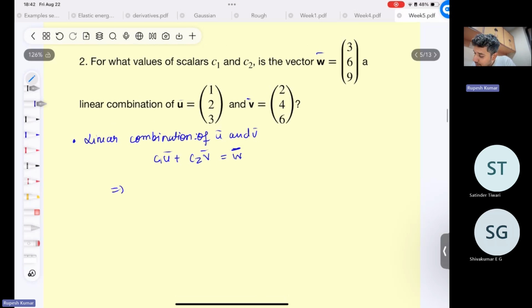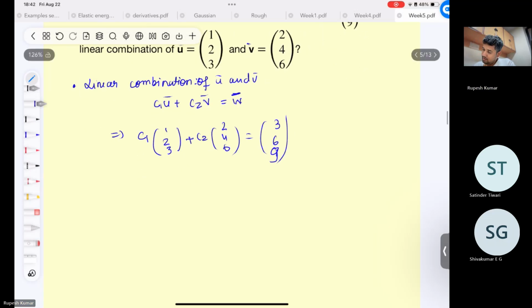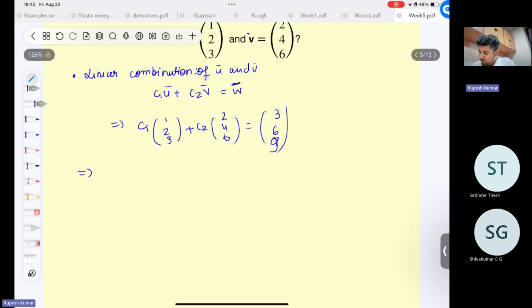Now this essentially means C1 times (1, 2, 3) plus C2 times (2, 4, 6) is equal to W, which is (3, 6, 9). Now, let's come up with a vector formulation. On the LHS, you can form a vector from these two terms.